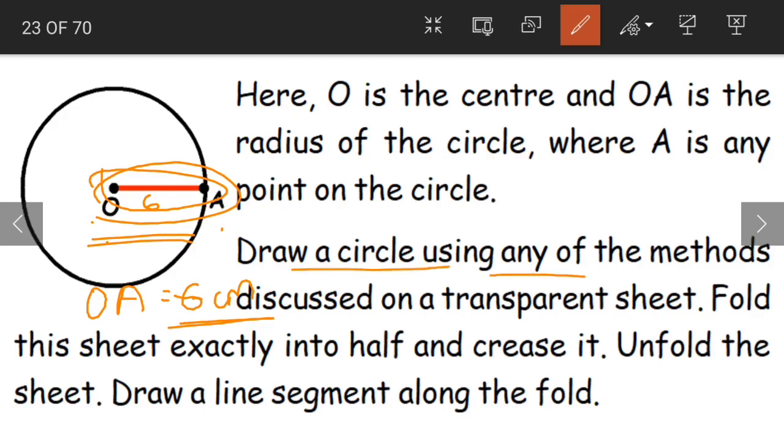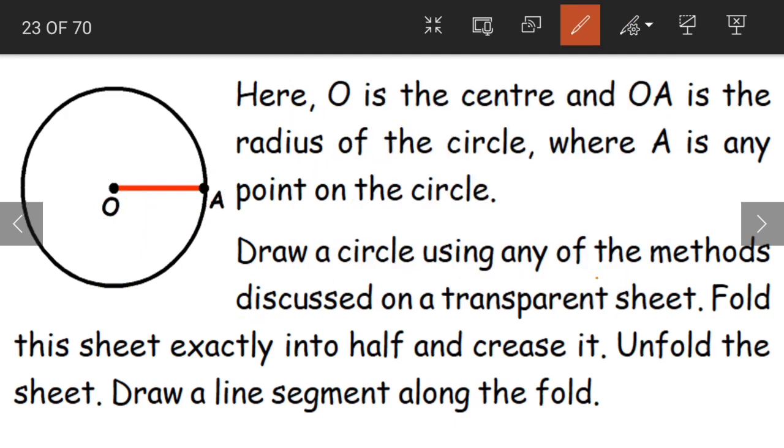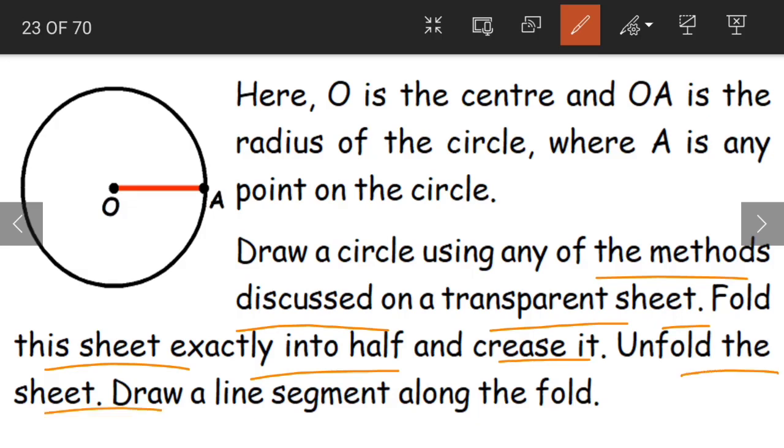Now draw a circle using any of the methods discussed on a transparent sheet. Fold this sheet exactly into half and crease it. Unfold the sheet, draw a line segment along the fold. So what are they saying?